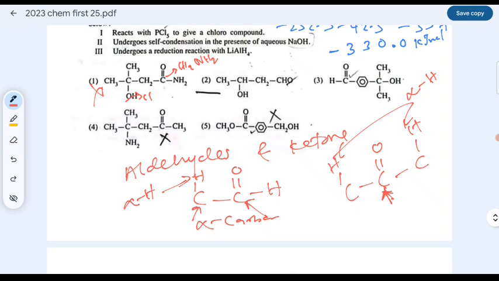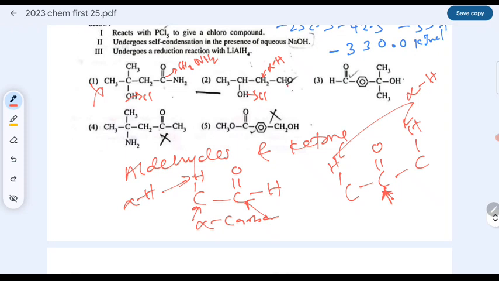Okay, now we'll move on to the second answer. Reacts with PCl5 to give a chloro compound. Here there's a secondary alcohol now, so it gives a chloro compound. Then undergoes a self-condensation in presence of aqueous sodium hydroxide. Here alpha hydrogen is present, so it can do self-condensation reaction as well. Undergoes a reduction reaction with lithium aluminium hydride.